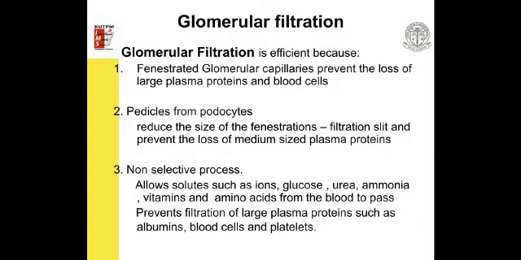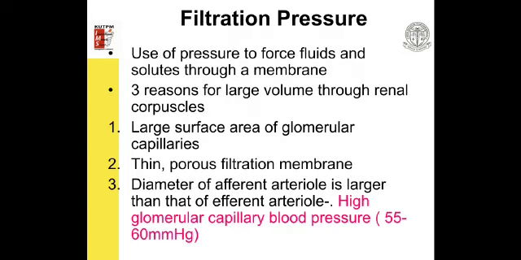The non-selective process allows solutes such as ions, glucose, urea, ammonia, vitamins, and amino acids from the blood to pass, while preventing the filtration of large plasma proteins such as albumin, blood cells, and platelets. So what drives filtration? Pressure.